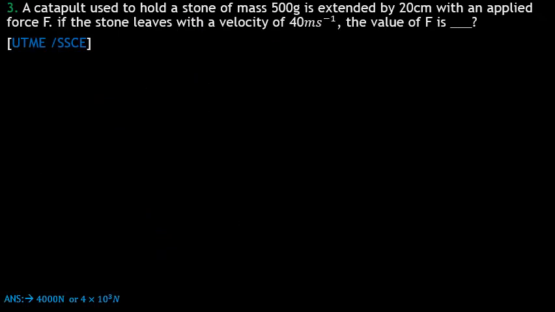Okay, so a catapult used to hold a stone of mass 500 grams is extended by 20 cm with an applied force F. If the stone leaves with a velocity of 40 meters per second, the value of F is dash. Here the principle of conservation of energy has to find expression. The elastic potential energy stored in the rubber of the catapult will be converted to kinetic energy once the stone leaves the catapult.